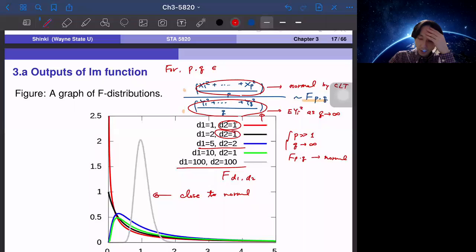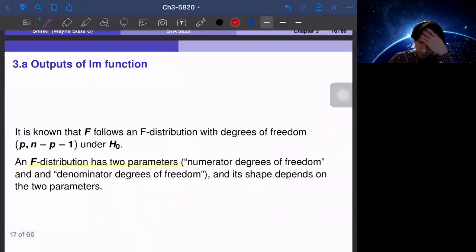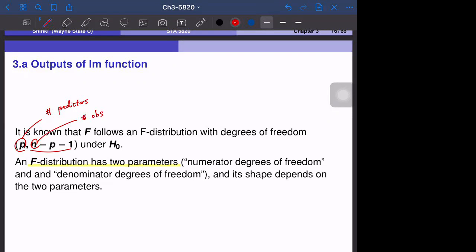In this slide, I just explained the general definition of the F distribution with degrees of freedom P and Q. So it's nothing related to the number of observations. In the previous page, we had some specific numbers, where P is the number of predictors and n is the number of observations. Okay, thanks. Sure.